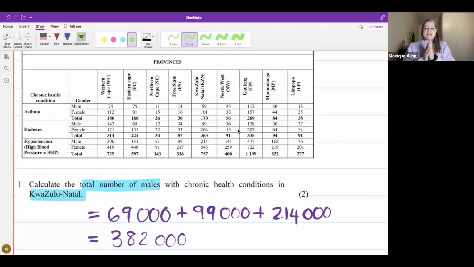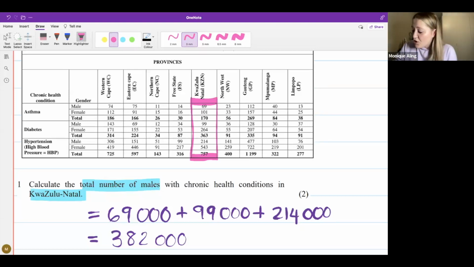So for those of you I see in the chat asking, how do we work it out? Okay, so they've asked, what is the chance? So let's say you see all these people in KZN and you are going to randomly pick one. What is the chance that that person is going to be a female with diabetes? So that's including everyone with asthma, everyone with diabetes, everyone with hypertension. So you first need to work out how many people in KZN have these medical conditions.